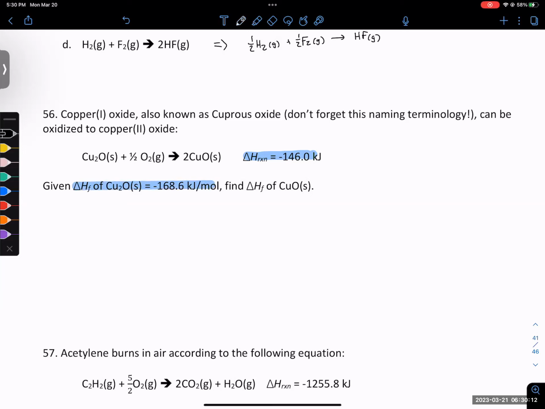Okay, so there's this equation. If your professor hasn't gone over it, you probably don't know it. The heat of the reaction is equal to the sum of the heats of formation of the products minus the sum of the heats of formation of the reactants.